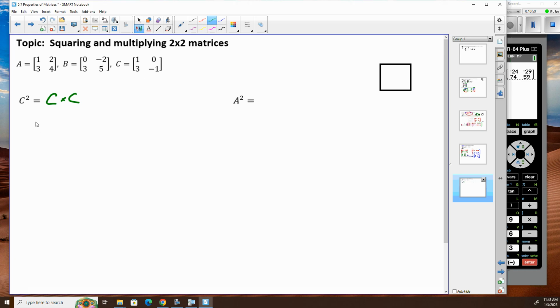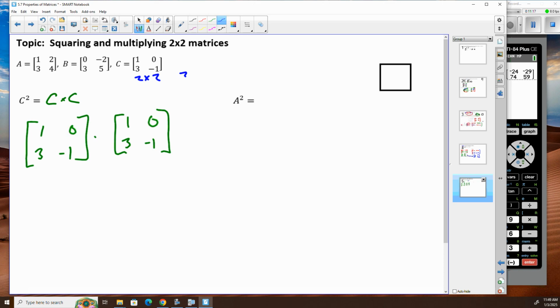So I will be doing 1, 0, 3, negative 1 times 1, 0, 3, negative 1. So you just multiply it with itself. And matrix C is a 2 by 2. So a 2 by 2 matrix times another 2 by 2 matrix. These match. So my resulting matrix will be another 2 by 2 matrix.